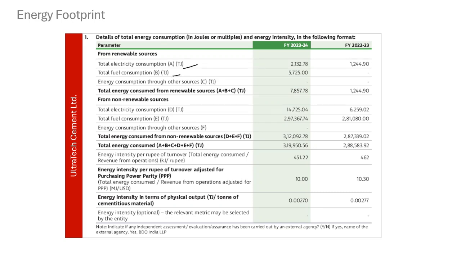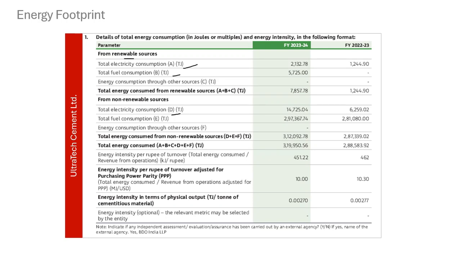Renewable energy can be sources like solar, wind, hydro, nuclear, etc. Renewable fuels could be biofuels, hydrogen, etc. Non-renewable energy includes coal, LPG, diesel, natural gas, etc. Non-renewable electricity would be power generated from coal-fired thermal power plants.